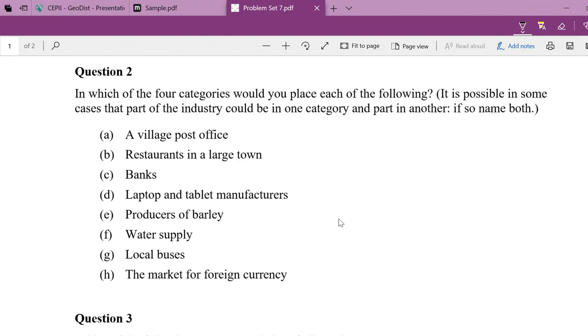Now, F, water supply. Yeah, you can say it's monopoly in many countries. There's only one water supply company, but there are many distributors of the water, right? So in many cases, it's a monopoly.